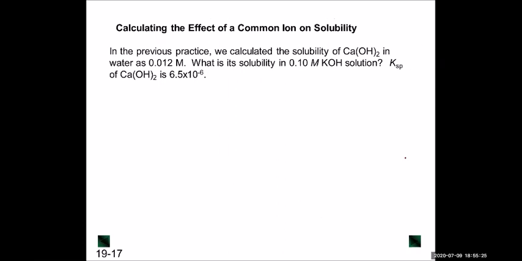And the calculation on the common ion effect. This is the earlier practice. We did this. We calculated that the calcium hydroxide solubility in pure water is 0.012.